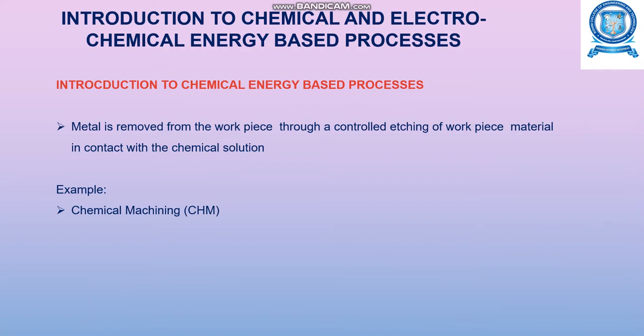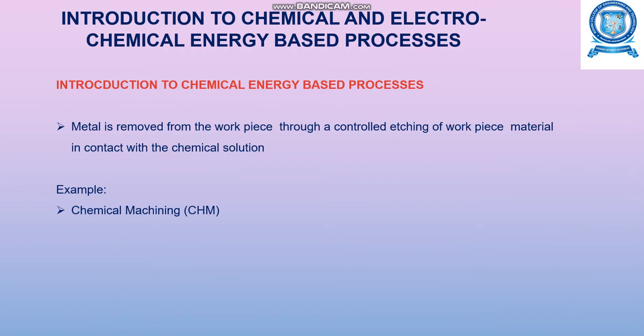Introduction to chemical and electrochemical energy based processes. First we'll see the chemical energy based processes. In chemical energy based processes, metal is removed from the workpiece by a controlled etching of the workpiece material which is in contact with the chemical solution.